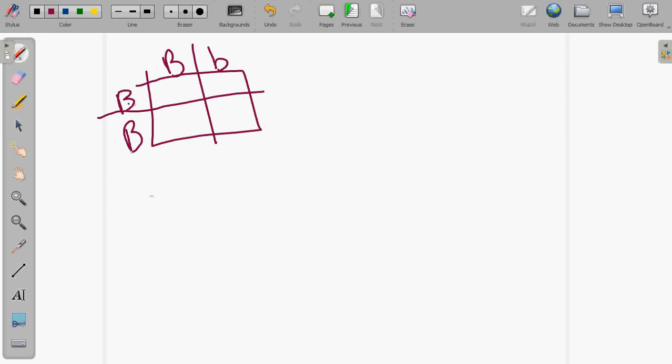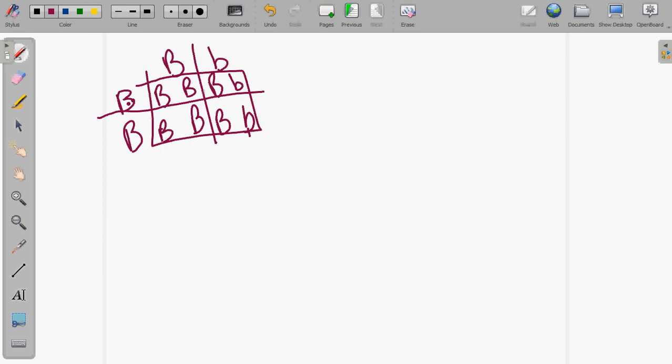And all you do is you take this allele and bring it over, and you take this allele up here and bring it down. Now, what this tells you is there are 4 possible outcomes, right? When you mate and you have independent assortment. So these are the 4 outcomes.